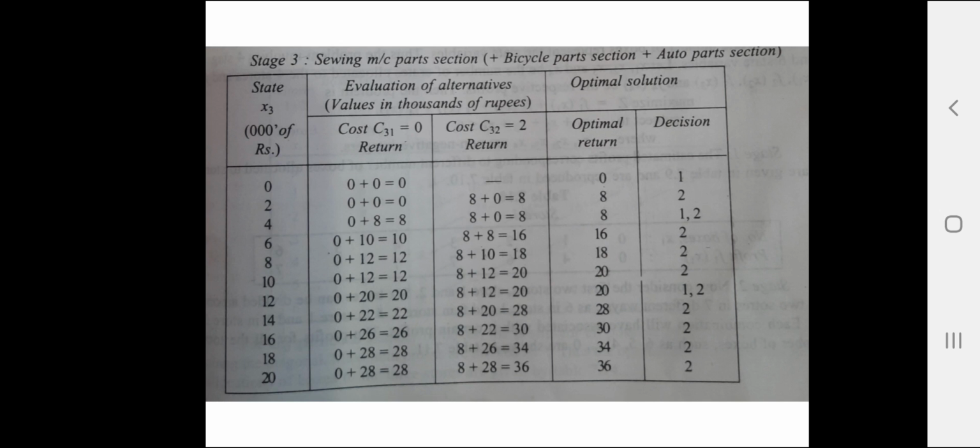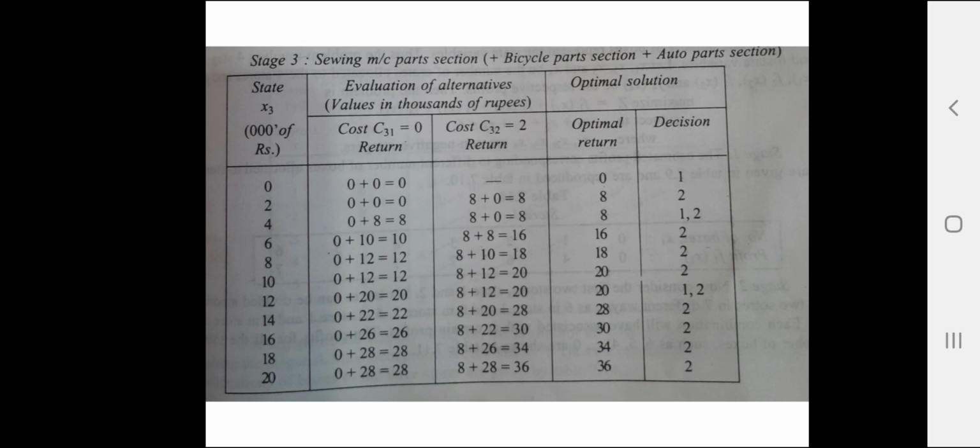So for x3, the value in stage 3, x3 is 20,000. The optimal decision for stage 3 is alternative 2, which gives a total return of 36,000 rupees.